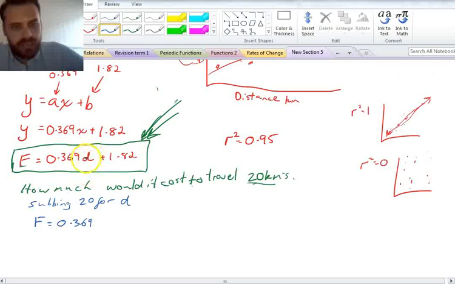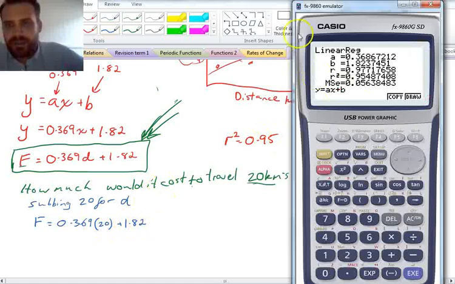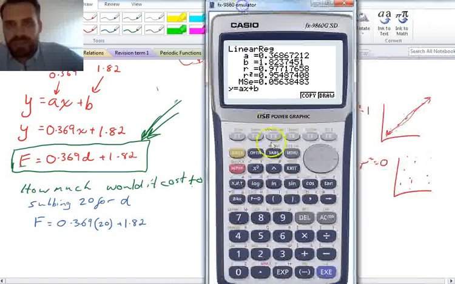Now where the letter d was, I'm going to put the number 20 in brackets, plus 1.82. Now if you read this part of the equation, it says 0.369 times 20 plus 1.82. Now you can type that directly into your calculator.